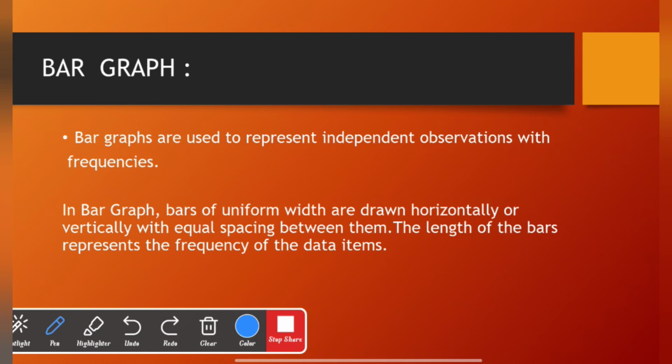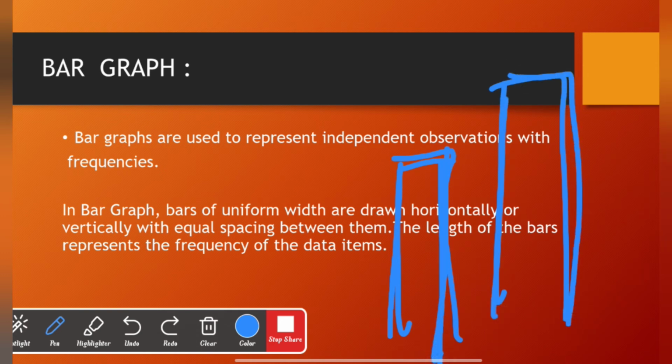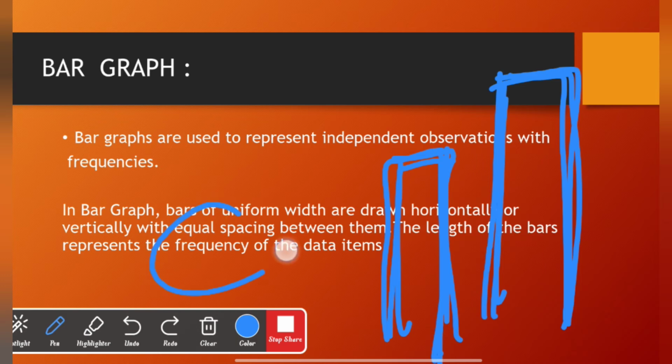And the length of a bar represents the frequency of the data item. Some bars will be of less length and some bars can be of greater length. These lengths depend on the frequency of the data item.